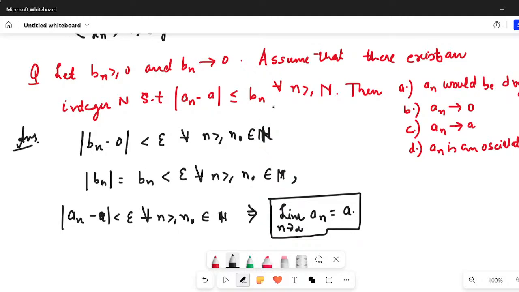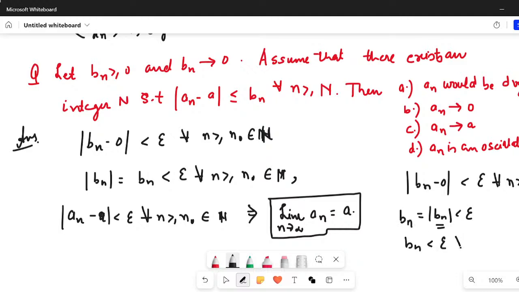Why? Again understand, bn is tending towards 0. What does it imply? It implies the distance of bn from 0 can be made less than epsilon for all n greater than or equal to n naught. If this is the case, then |bn| can be made less than epsilon, and since bn is positive, whether you write |bn| or bn, it's one and the same thing. So bn can be made less than epsilon for all n greater than or equal to n naught.